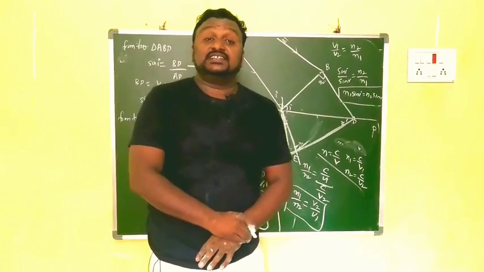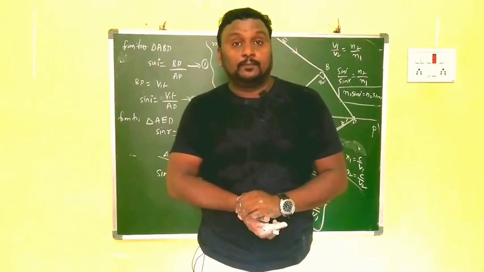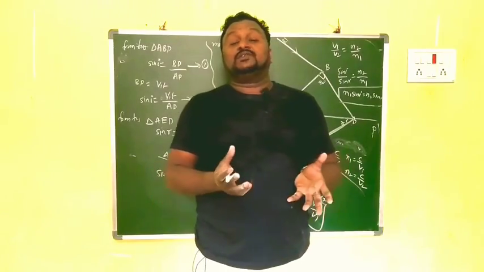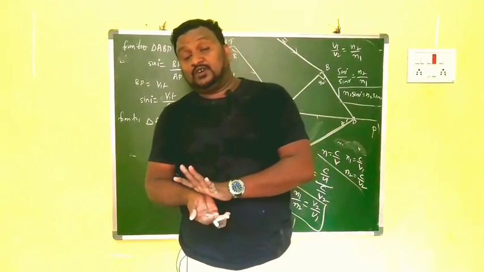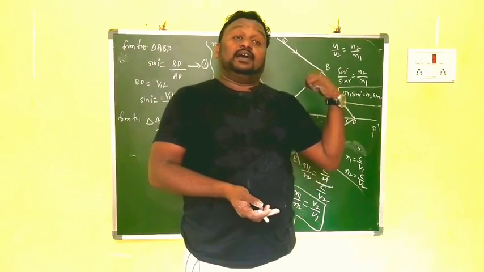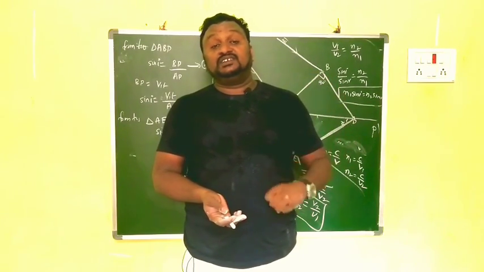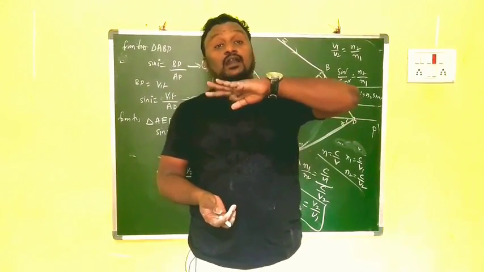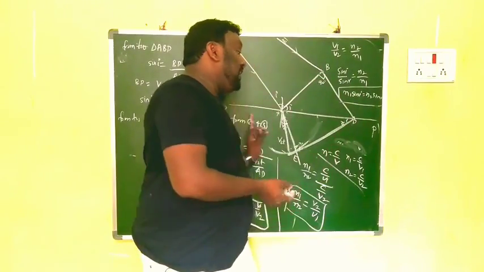Snell's law means refraction is going on. And the next thing: according to the second law, what do you say? The first law is that angle i is equal to angle r. In this case, I am going to explain that at the interface, the normal, incident ray and refracted ray all are in the same plane of P and P dash.